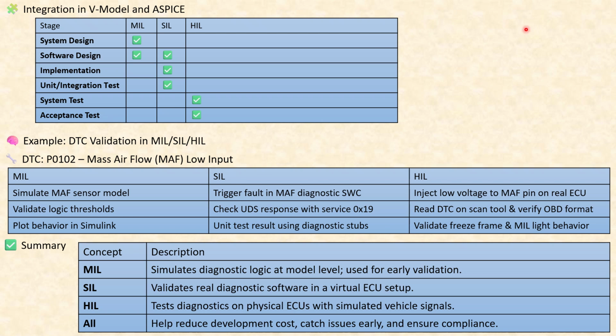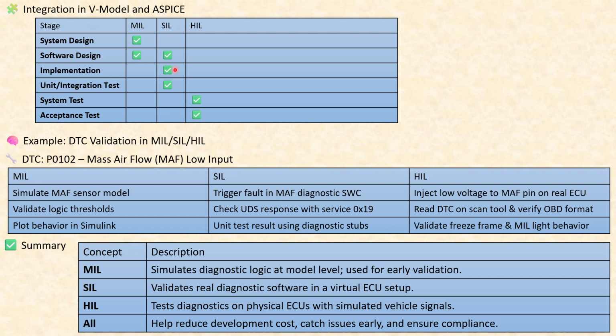Now, when it comes to integration in the V model and ASPICE: system design, software design, implementation, unit integration, system acceptance test. Here in the V model and ASPICE context, which of the various steps are accomplished by MIL, which by SIL, and which by HIL?